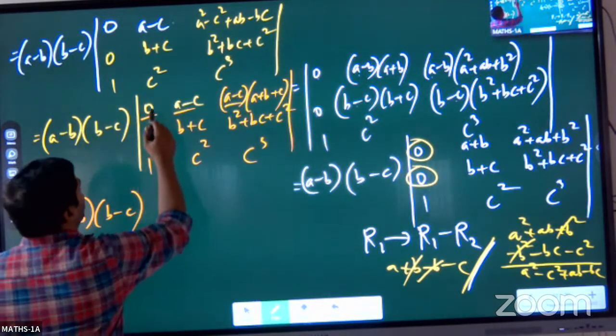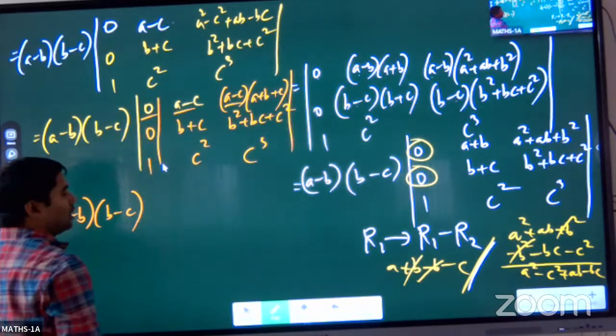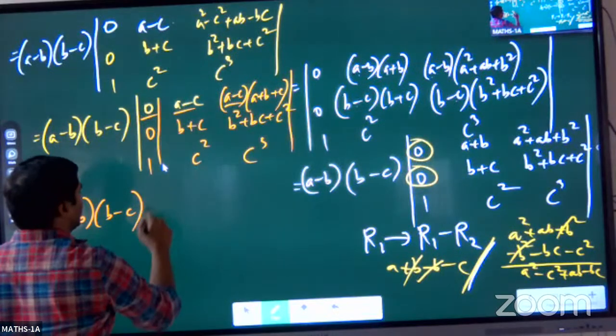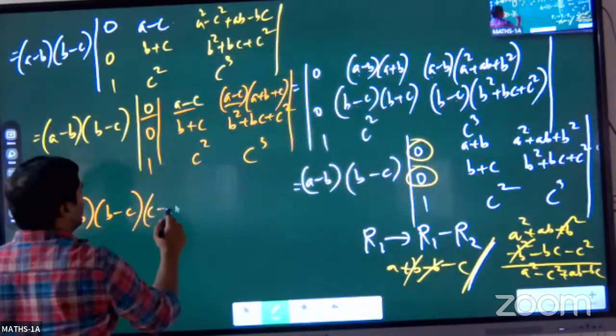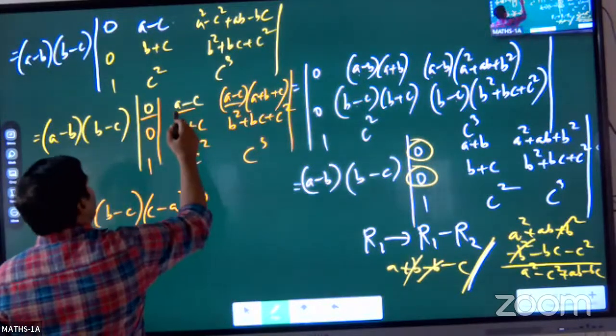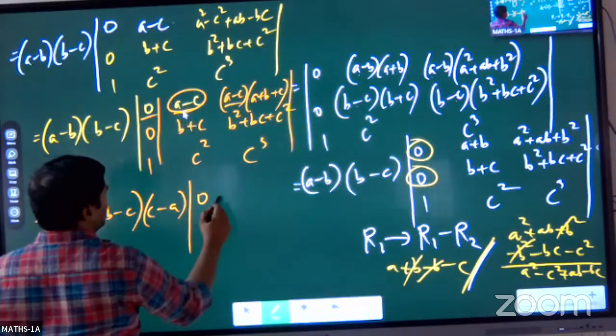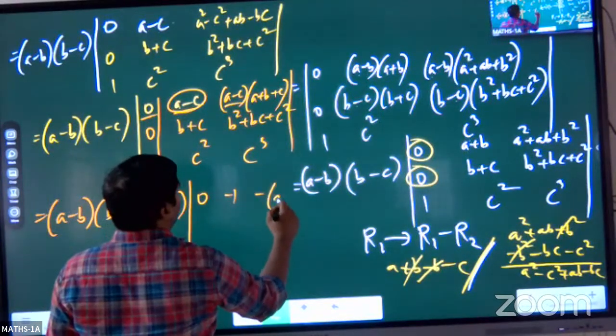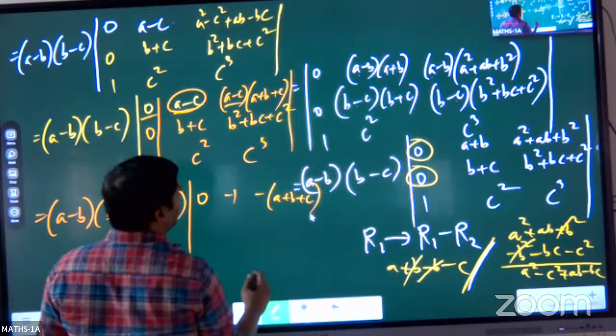Now expand your determinant along this column. Sorry, before expanding, take a minus c common. a minus c or c minus a you take common. Then what is the determinant? It is left out 0. Here I'm having a minus c, but what I took is c minus a common. So minus 1 here also. Minus of a plus b plus c will be left out.